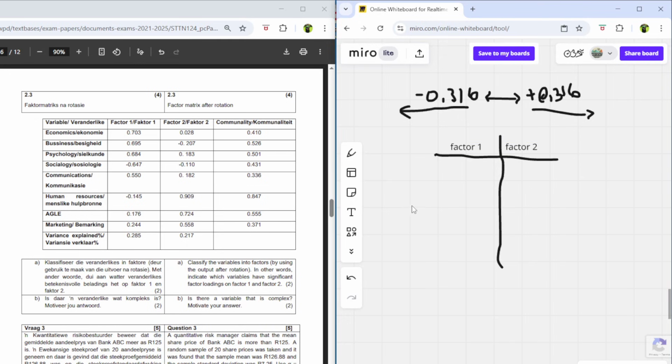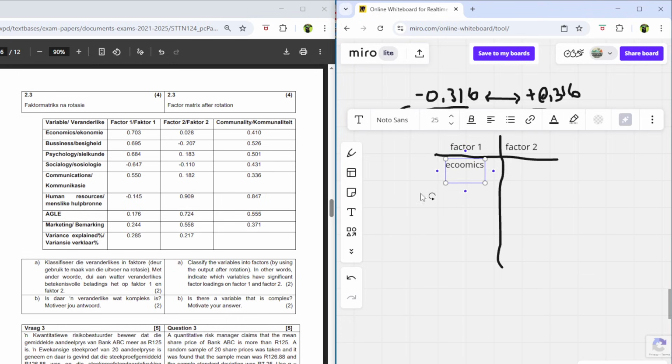Now we already saw that economics is under factor 1, so we're going to write economics. And then let's see business. Business 0.695 is significant, minus 0.207 is not significant. It's also under factor 1. So business is under factor 1.